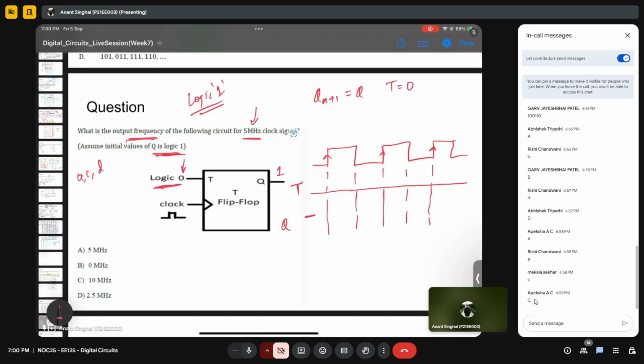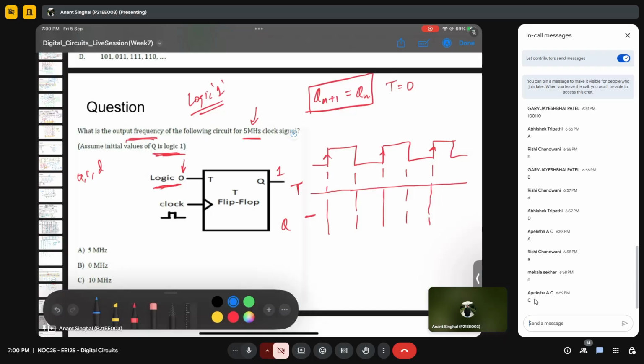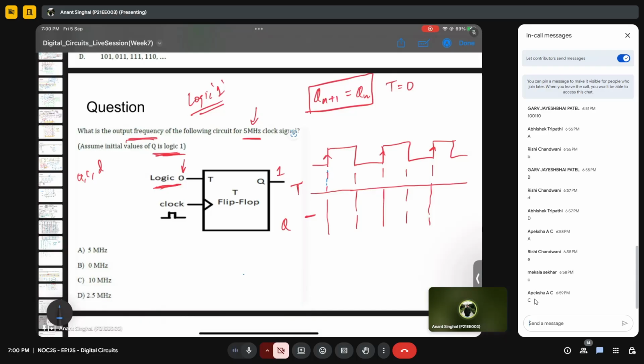It will be Qn, right? So at this positive edge, what will happen? This Q will remain the same. At this edge, because T is always 0, it will remain the same.